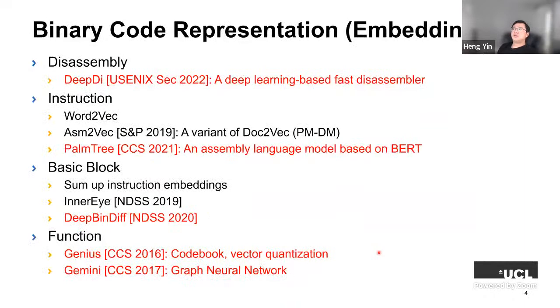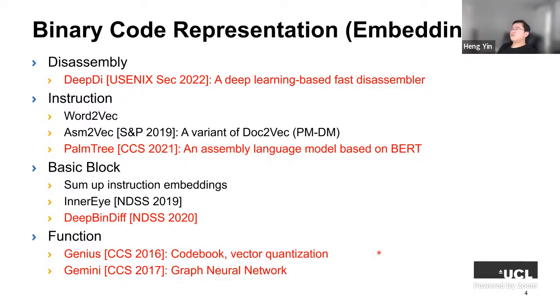So here I showed you an overview of what I have done in the past few years, starting from 2016. This is the workflow I'm showing you here. It started from the disassembly.